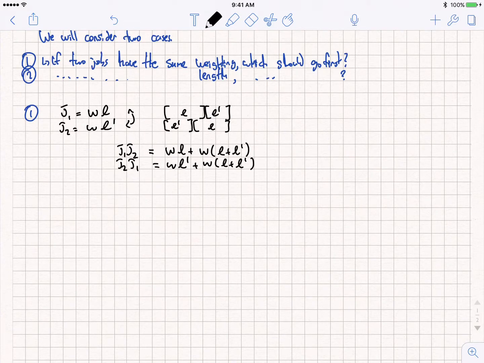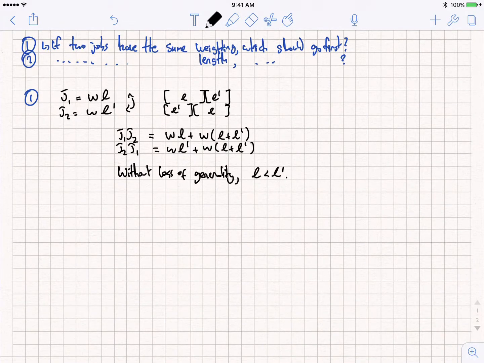Without loss of generality, let's say that L is less than L prime. Then the cost of J1, J2 is going to be less than J2, J1, because the second terms are the exact same, but this one is less than that one.